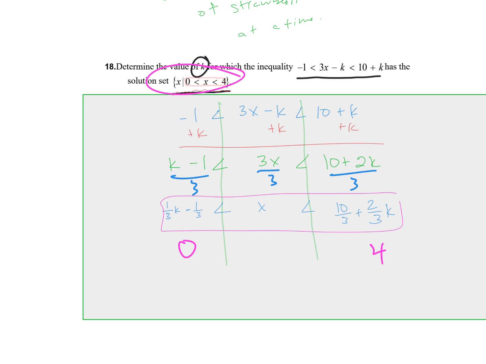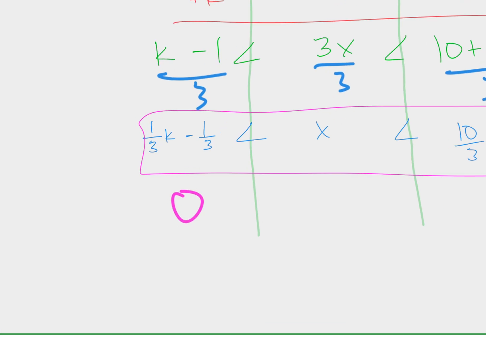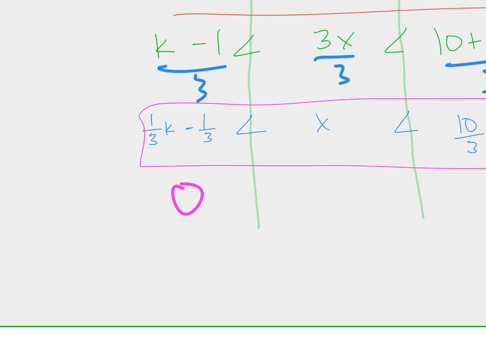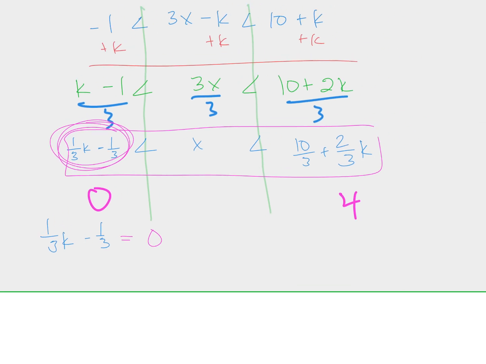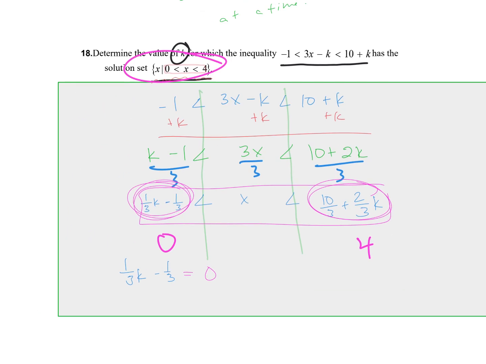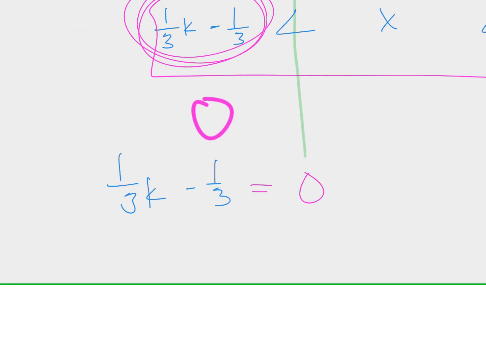And so what we're going to do is take 1/3 k minus 1/3 and set it equal to 0. The idea is if this whole thing was 0 and this whole thing is 4, then we have that and we'd be happy. So now I'm going to pretend, okay, well this is making that equal 0. So I add 1/3 to both sides.